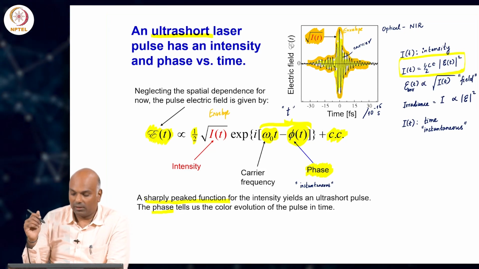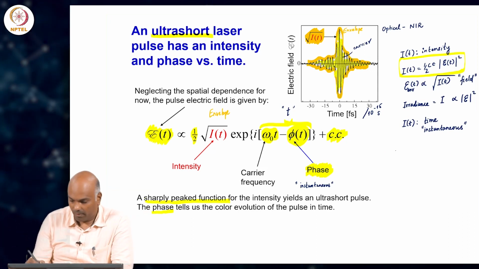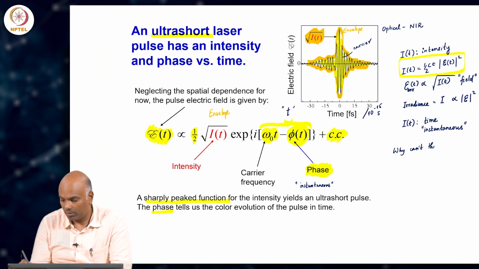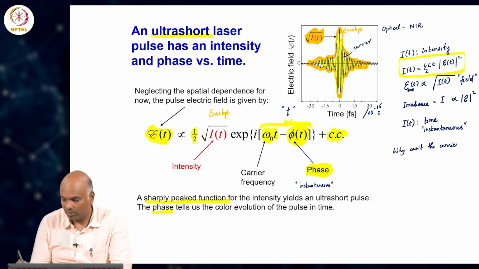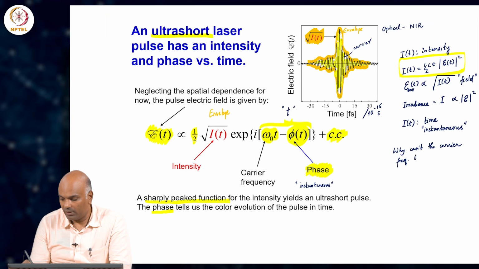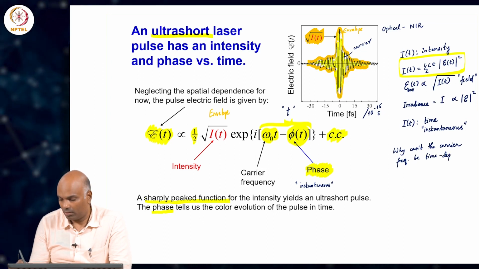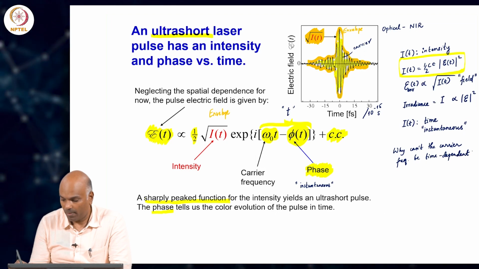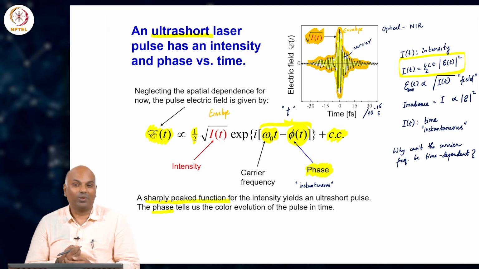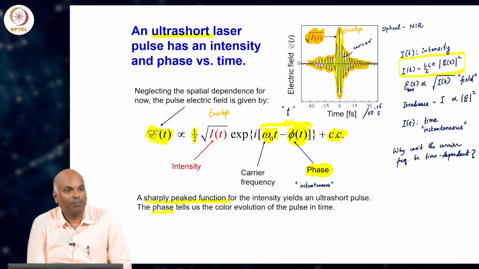So, Aditya asks, why can't the carrier frequency be time independent? Here omega naught, by the way, I should have mentioned it, omega naught of course is a constant in time. So, why can't omega naught depend on time?